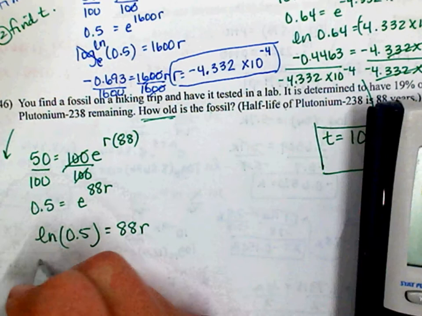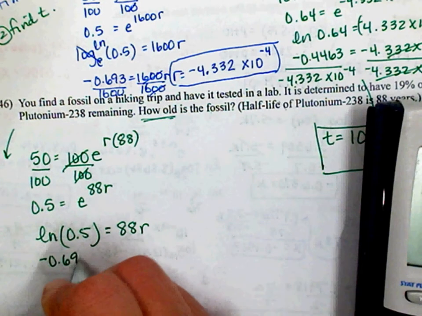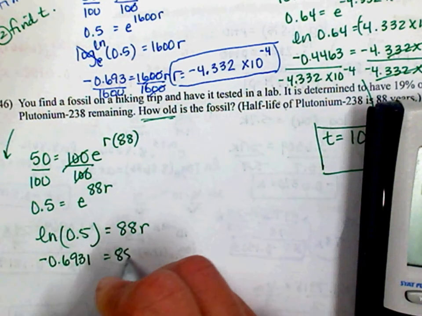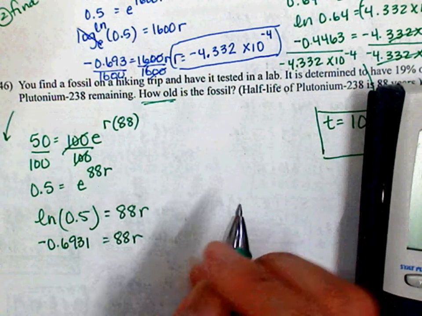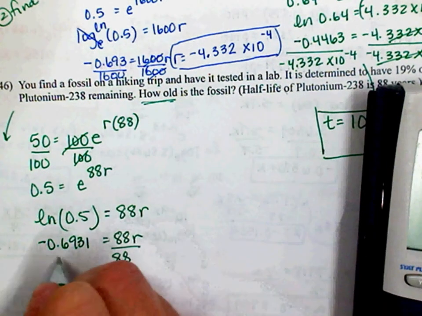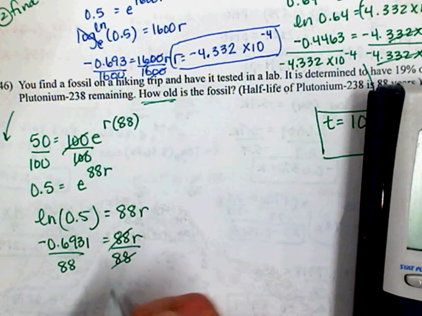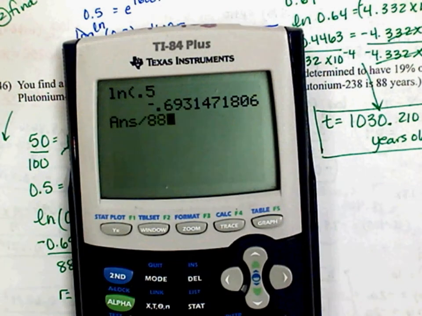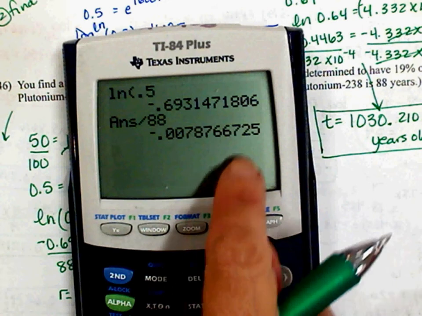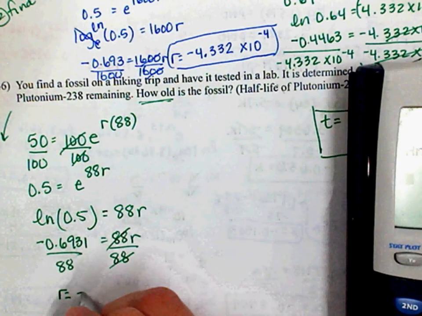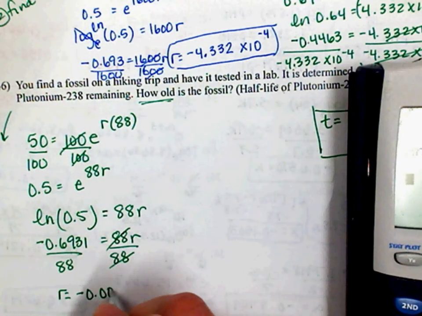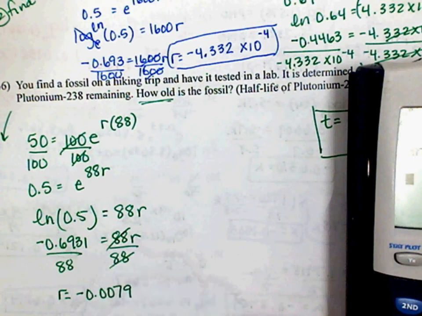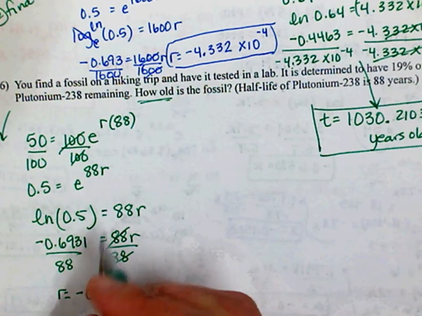Negative 0.6931 equals 88R. How do you solve for that? Divide by 88. So what is your rate? So I'm going to divide by 88. All right, see this one doesn't have an E, so you just need to do 4 decimal places. 0.0079. That's how fast it is decaying.